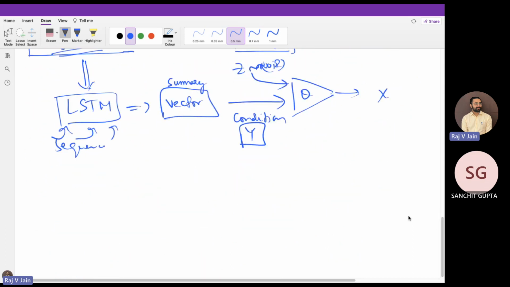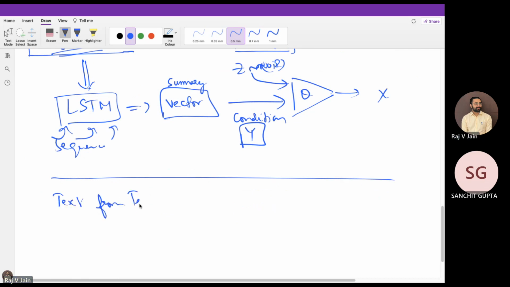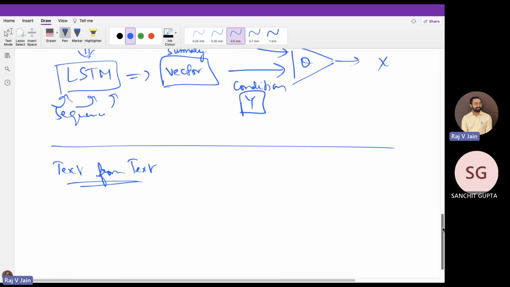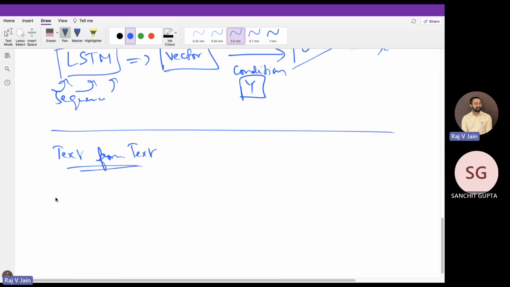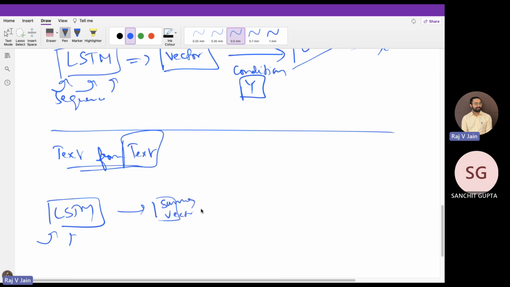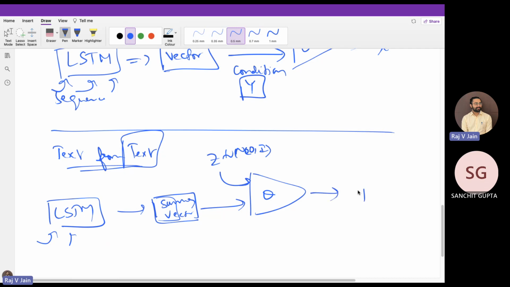Now, if you think about it, text from text, something like a ChatGPT sort of problem. Again from text, I'll have an LSTM, let's say, which processes the sequence and gives me some sort of a condition, a summary vector. This gets passed into the decoder. Again I sample z from N(0, I), so for the same text I can get multiple different responses.